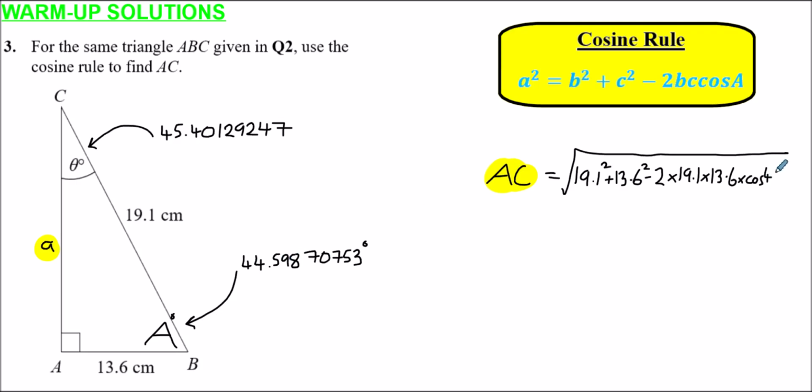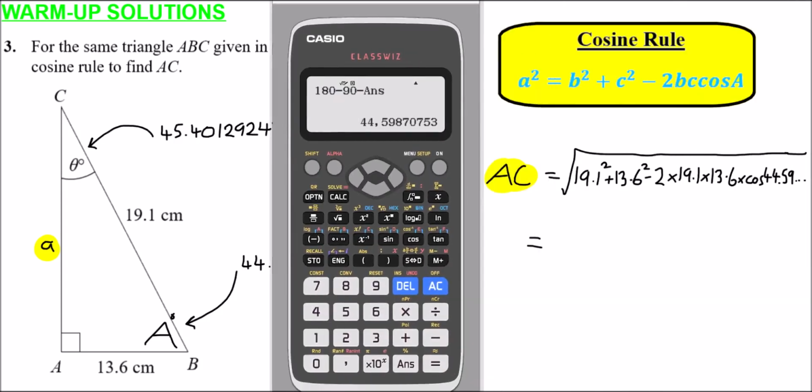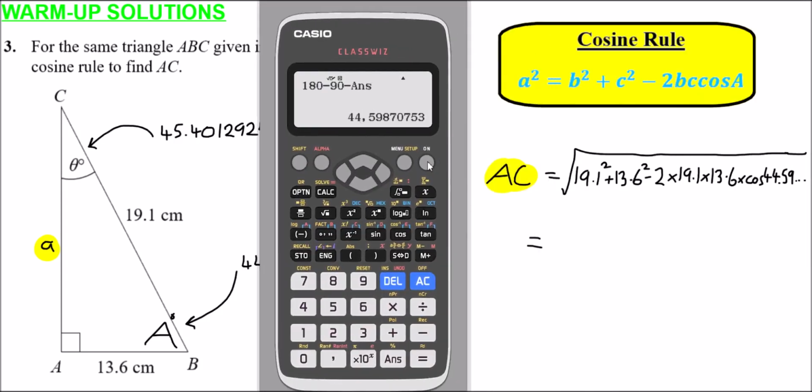So I'll just say 44.59 dot dot dot, where the ellipsis just denotes that we're going to use a few more figures than what I've written down. And at this stage we can actually use the calculator to help, because it's got the angle stored in its memory here. And so if I just type in A and S, you can see that it's got it stored.